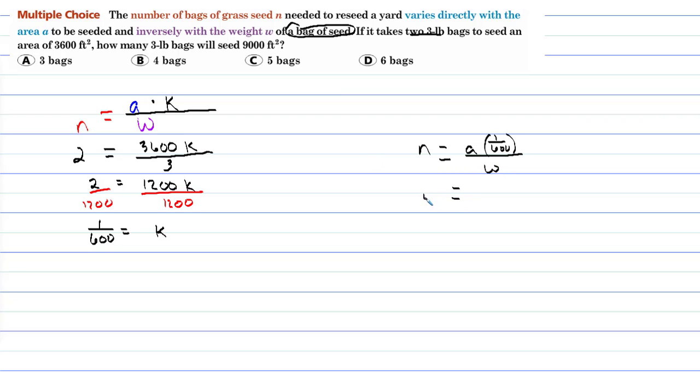In this case, N is equal to 9,000 times 1 over 600, divided by our weight, which is 3. And so we're going to go ahead and rewrite this. That's 9,000 over 600 times 1 over 3.